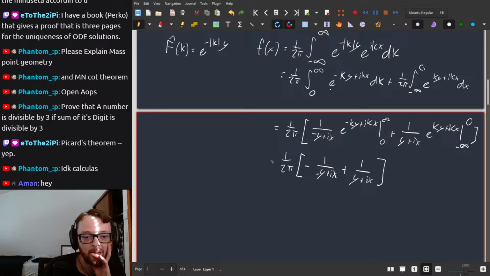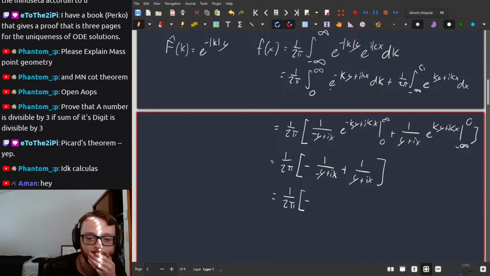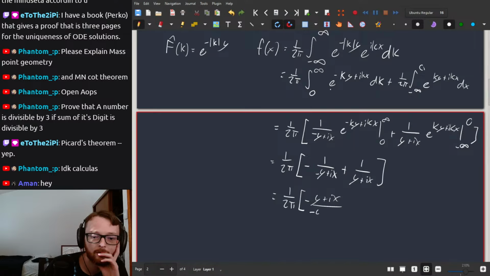Now I guess we're going to get a common denominator. So I'm taking that, multiplying by y plus ix. So we get minus y squared minus x squared.